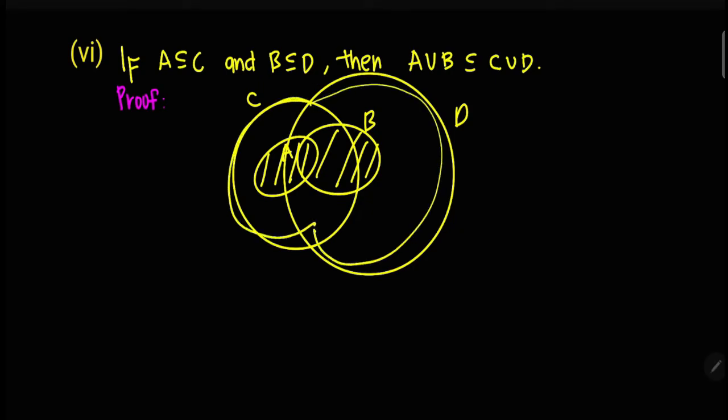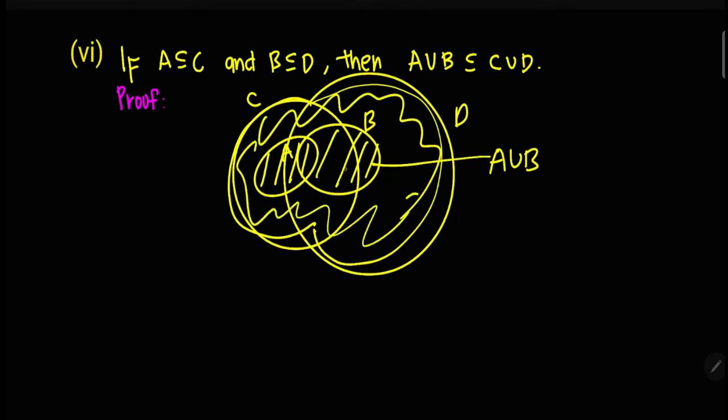So C and D contain, indeed, the union A union B. So this is A union B, and then the bigger set outside, including of course the interior, everything inside, that's C union D. So how do we show that? We just have to show that this set here is a subset of this set. So all you need to do is to take an x from here and show that any x here is also in the second set.